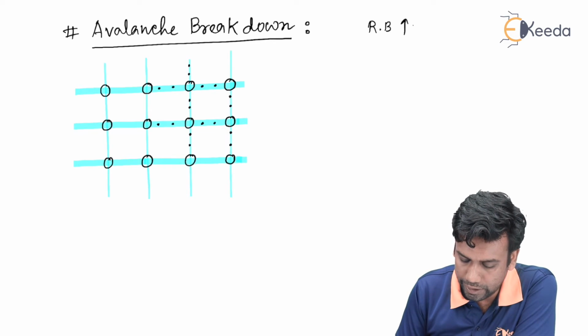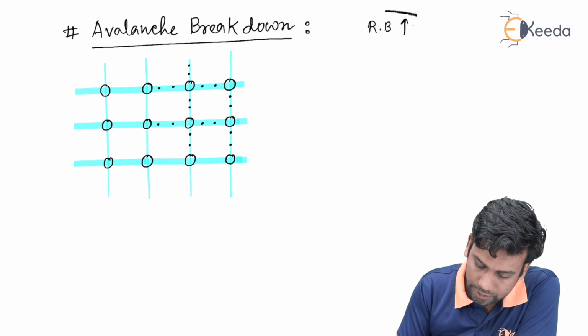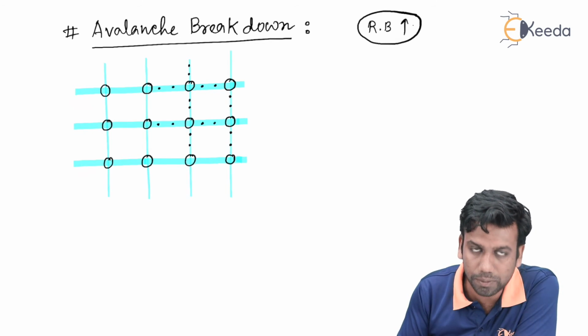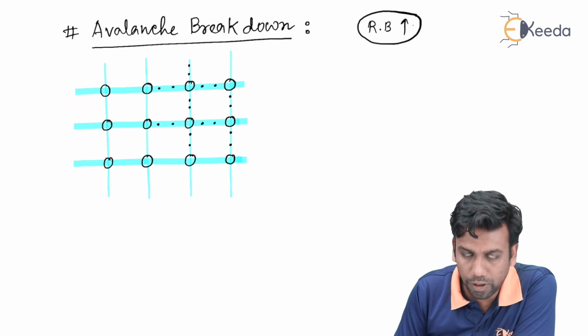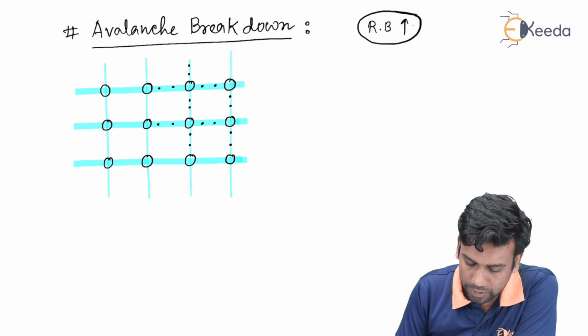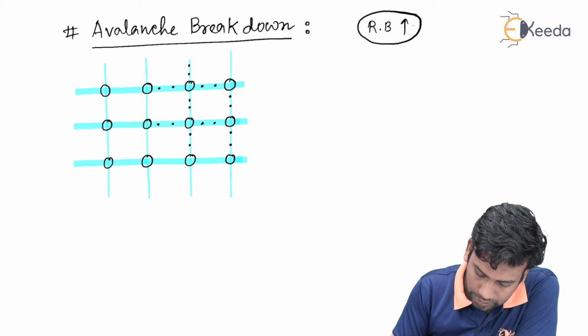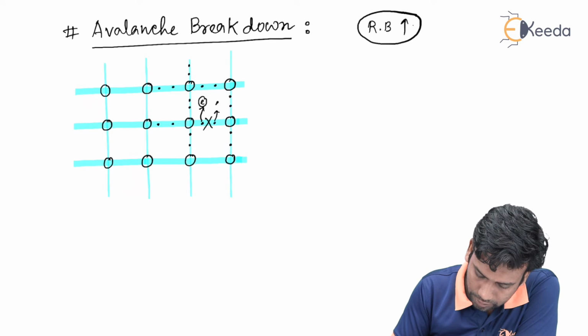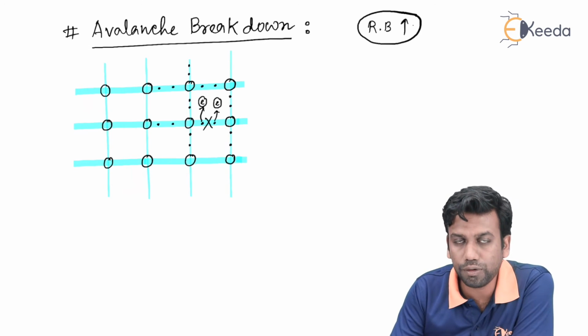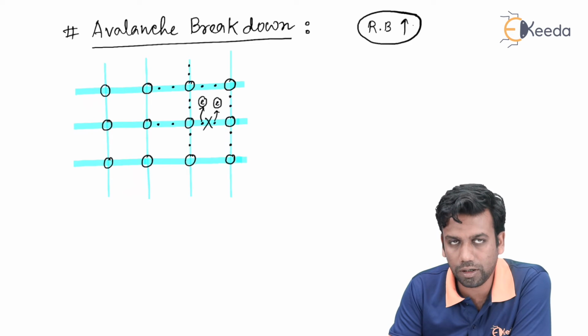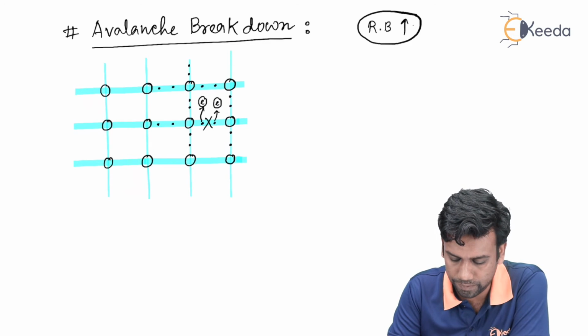In the covalent bond there will be sharing of electrons. Now, due to the increase of reverse bias, some covalent bonds will be broken. Let us assume that this bond has been broken and this electron has come here. So, we have got a free electron after the breaking of bonds.